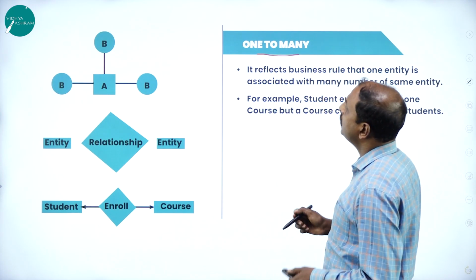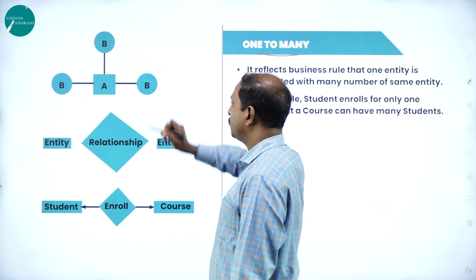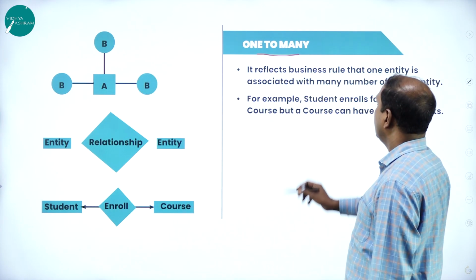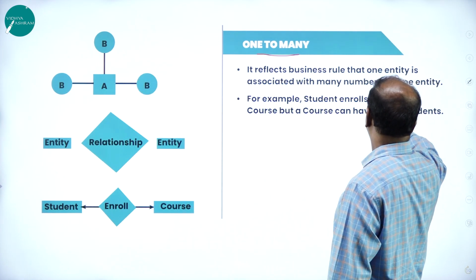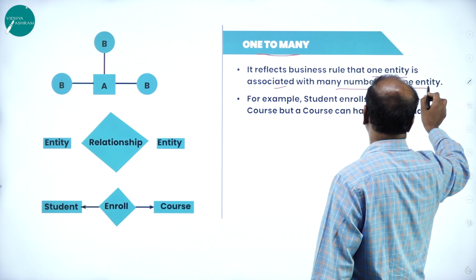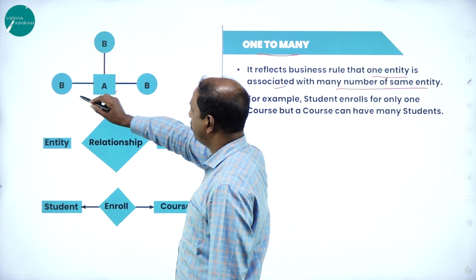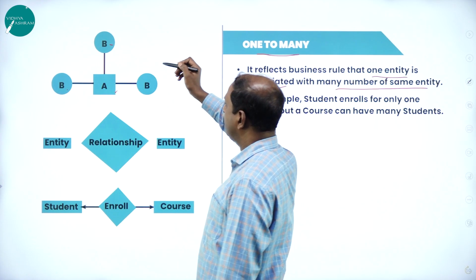But in this one-to-many relationship, we have one entity with many relationships. Now look at this example. It reflects the business rule that one entity is associated with a number of other entities.